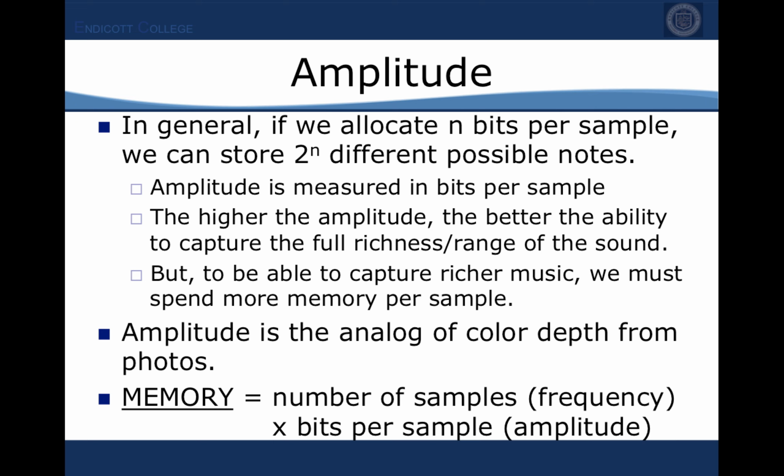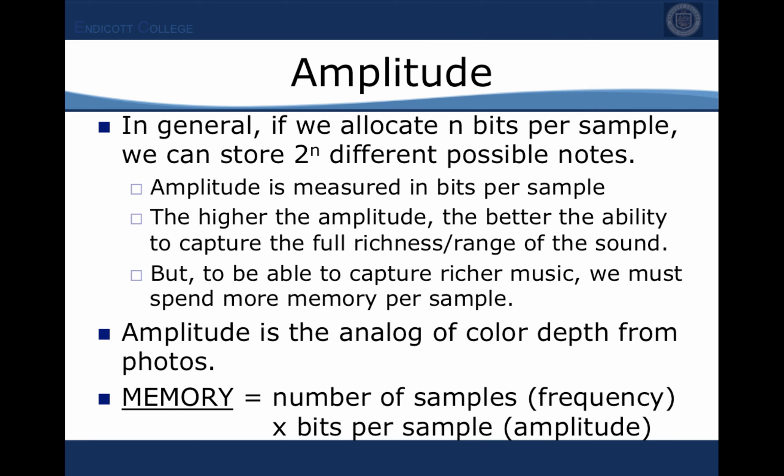In general, if you have n bits per sample, however many bits you let me use each time, that means we can recognize or store 2 to the n different possible notes. So amplitude is usually given to us as how many bits per sample. And the higher amplitude doesn't have anything to do with how often you record something.